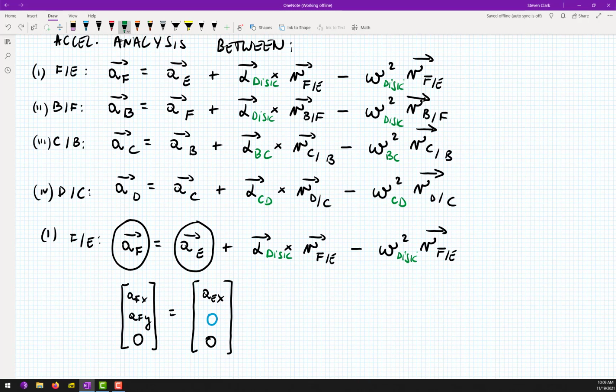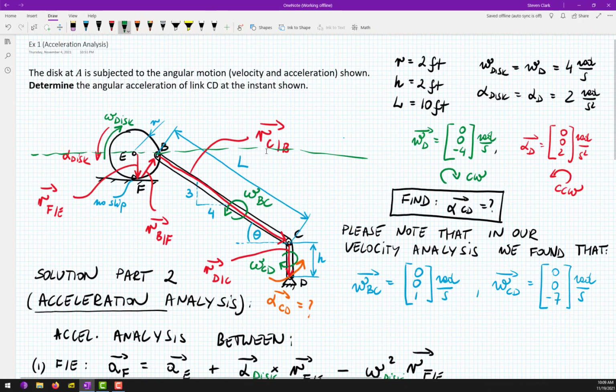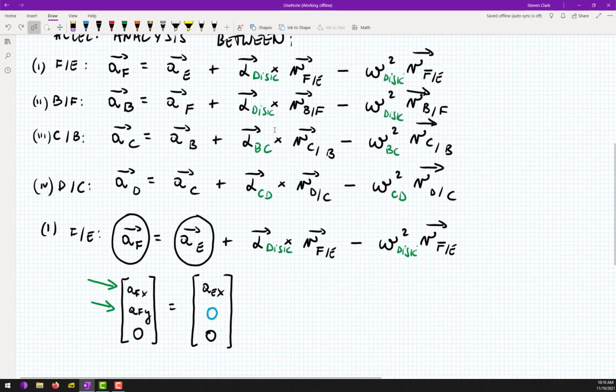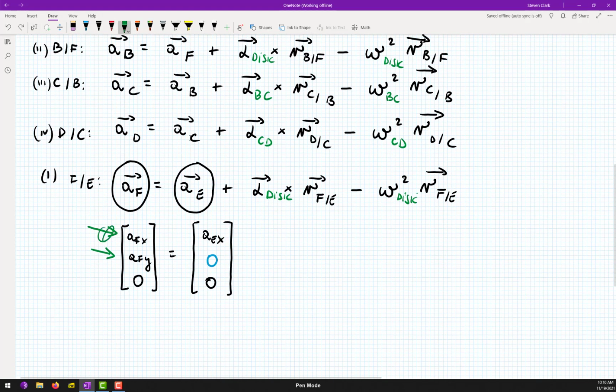How about this one? Can you tell me something about AFX and AFY? This is the acceleration of the contact point between the disk and ground, and there is a no slip condition. Wouldn't it be 0 for both? Partially true, 50% true. For the no slip condition, only this one is 0. The other one we don't know.